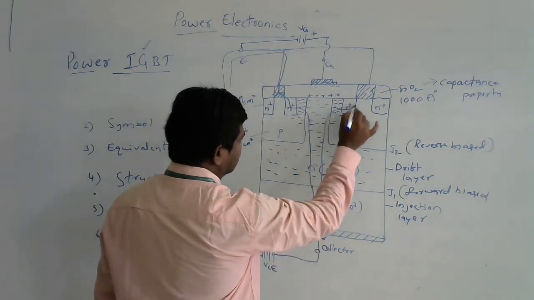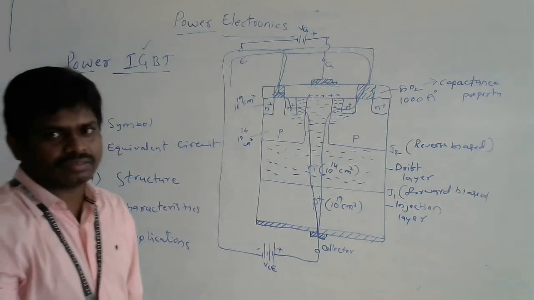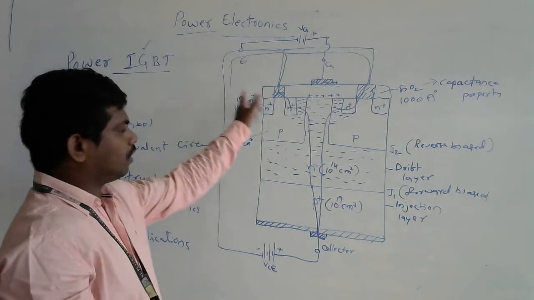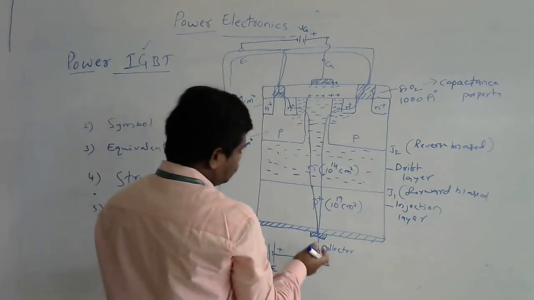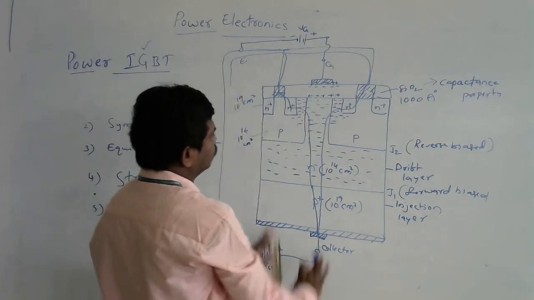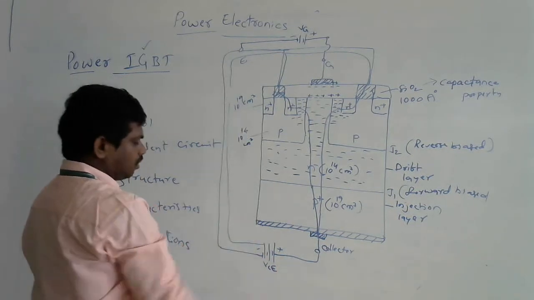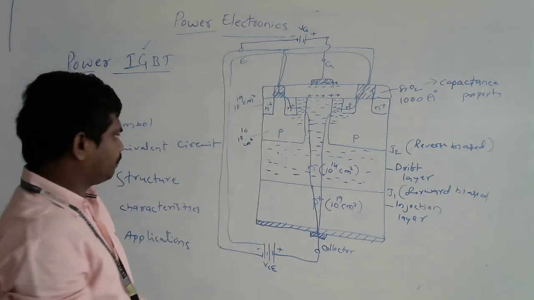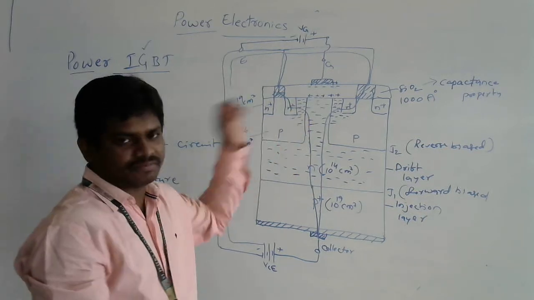This is the way the current is coming out. There are two parts because the emitter is already separated into two areas, so there is a chance for the collector current to flow in two ways and join somewhere and come back to the source. Like this, when you see the working of the power IGBT, there is a creation of an N channel.